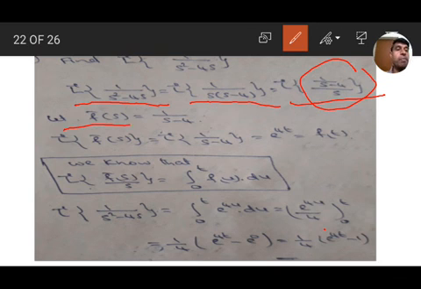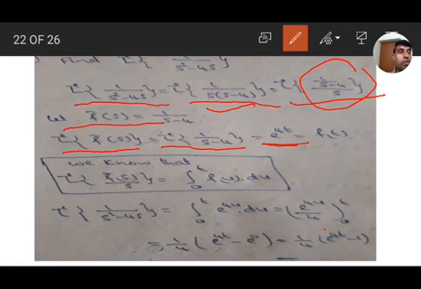Therefore let f bar s equal 1 by s minus 4, and its inverse Laplace transform L inverse of f bar s equals L inverse of 1 by s minus 4, that is e to the power of 4t. L inverse of 1 by s minus a is e to the power of at, so e to the power of 4t equals f of t.